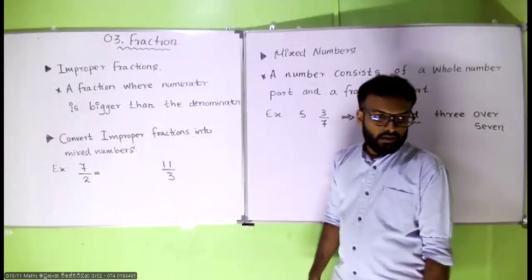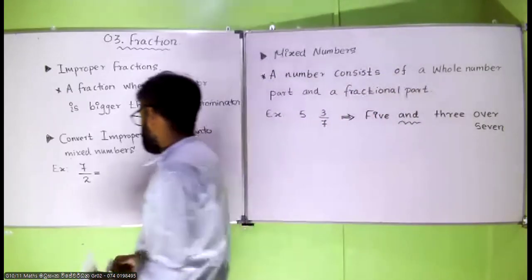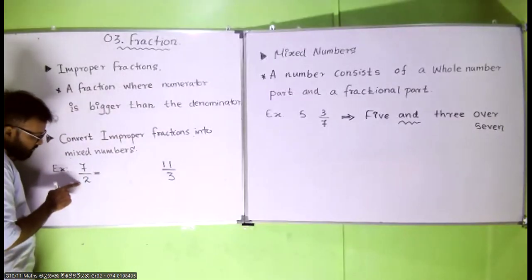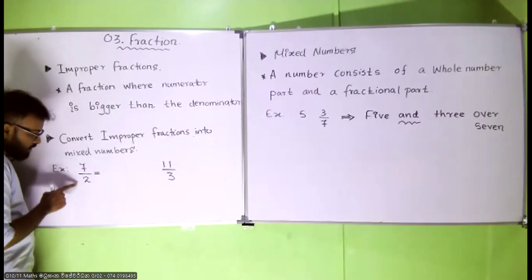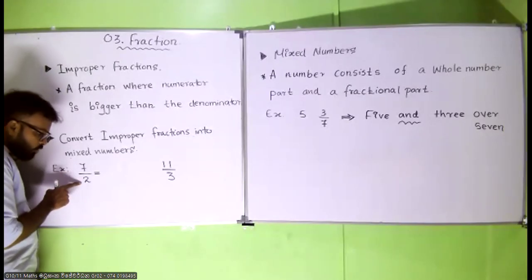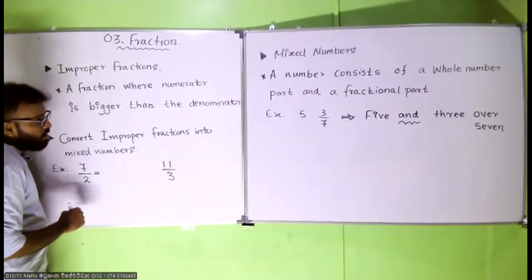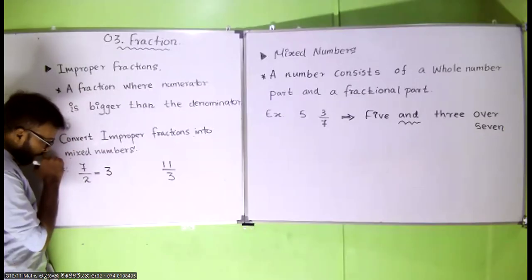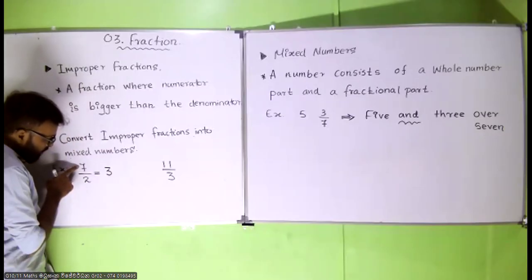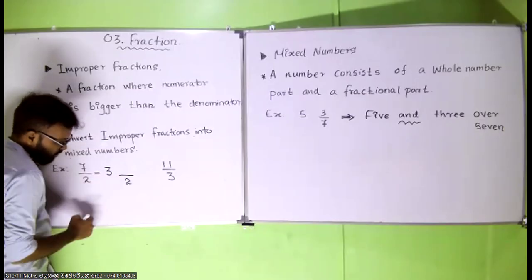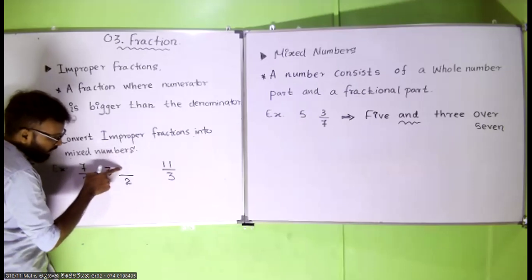Alright, hope you have done right. Yes, done. So this is 7 upon 2. Right? 7 divided by 2. How many 2s are there for 7? 3. This 3 should be your whole number part. Now the fractional part, you have to put the numerator.